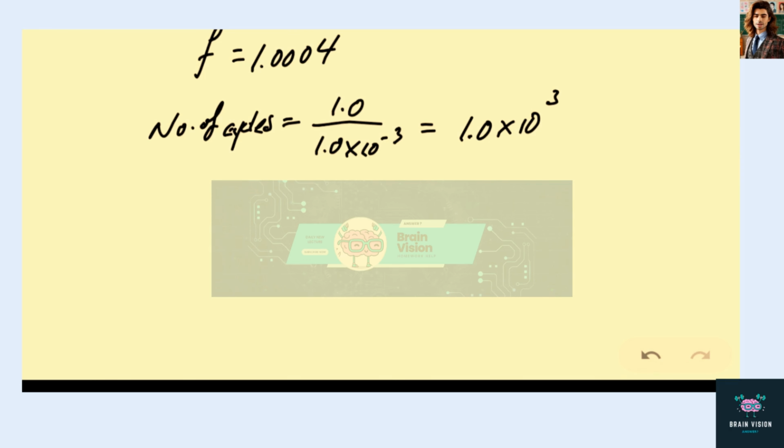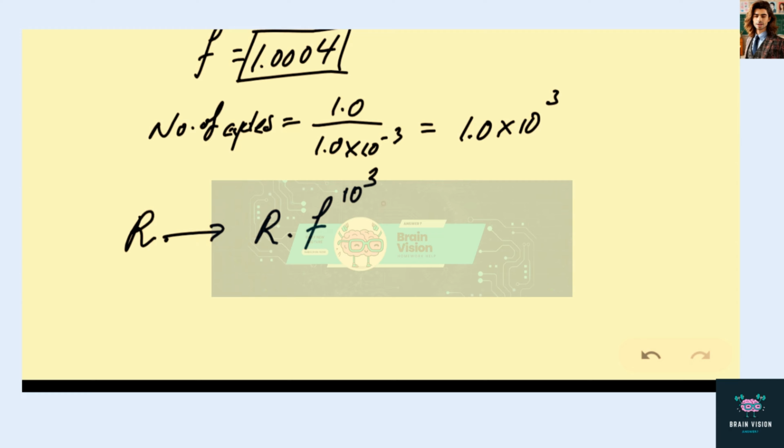To find out what is the increase in the rate, since we know that with each cycle the rate will be multiplied by this factor, so let's say we have an initial rate of R, the final rate will be R times F to the power of the number of cycles, which in this case is 10 to the power of 3.